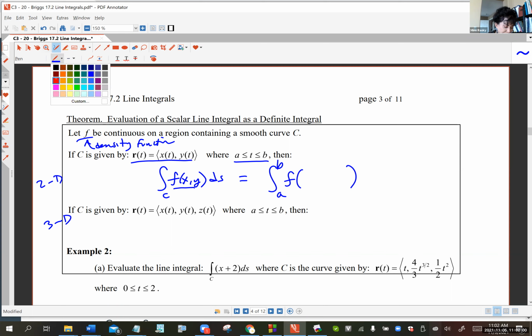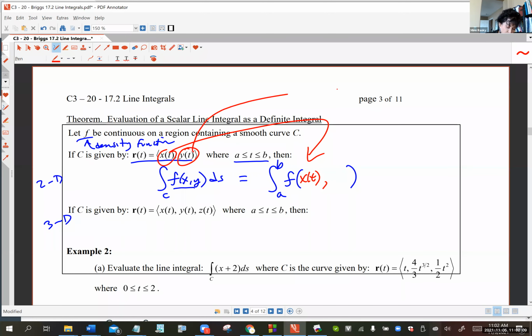You're going to replace x with the x component that you'll cherry pick off of the vector valued function. And then the y will get replaced with the y component from the vector valued function.